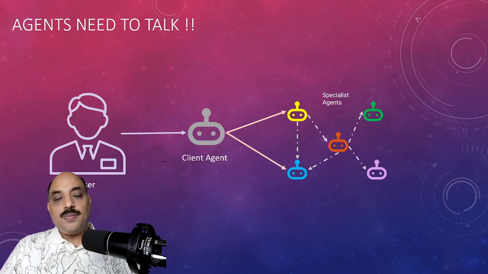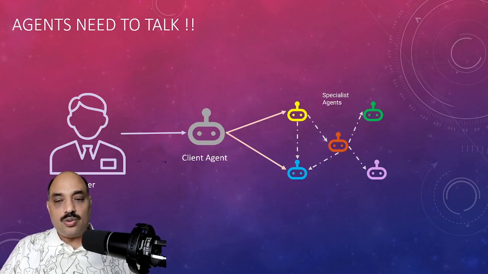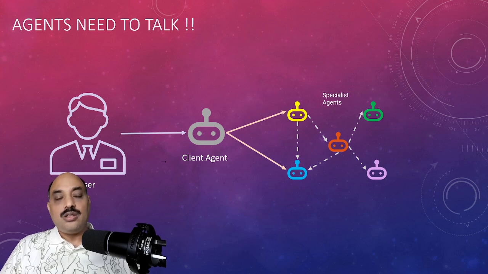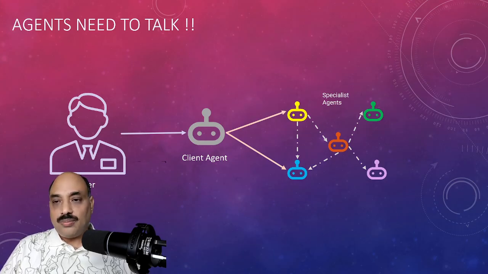In this process, each of the agents needs to talk to each other. Unless they talk to each other, transact with each other, and achieve subatomic goals or capabilities, you will not be able to get the business outcome.